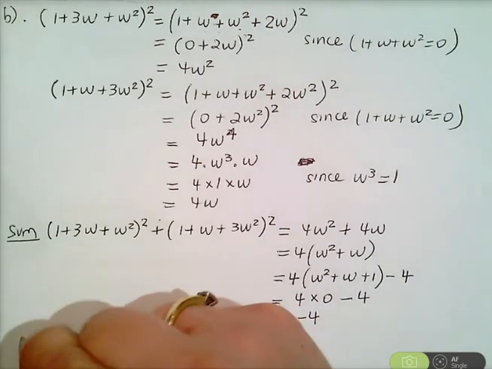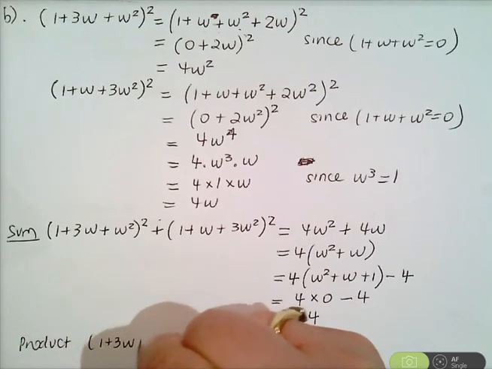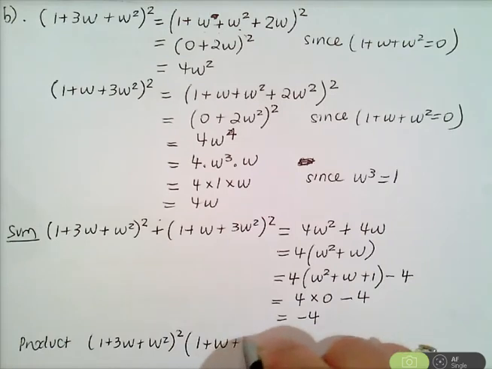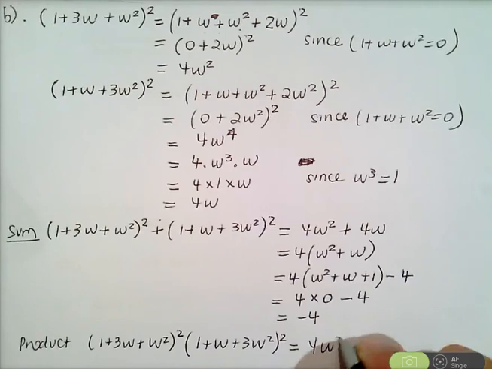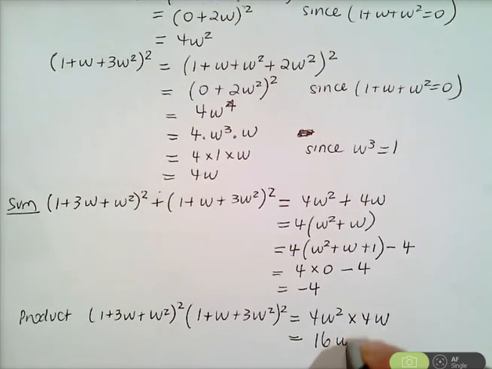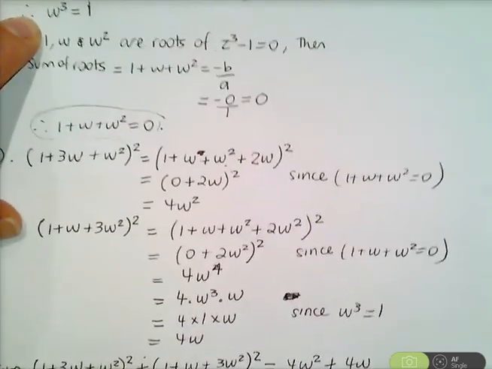Now the product, so looking at the product of 1 plus 3w plus w squared, all squared, times 1 plus w plus 3w squared, all squared, is the same as 4w squared times 4w, which is 16w cubed. Now we know that w cubed equals 1 from earlier in the question. If you look up here, there it is, w cubed is 1.